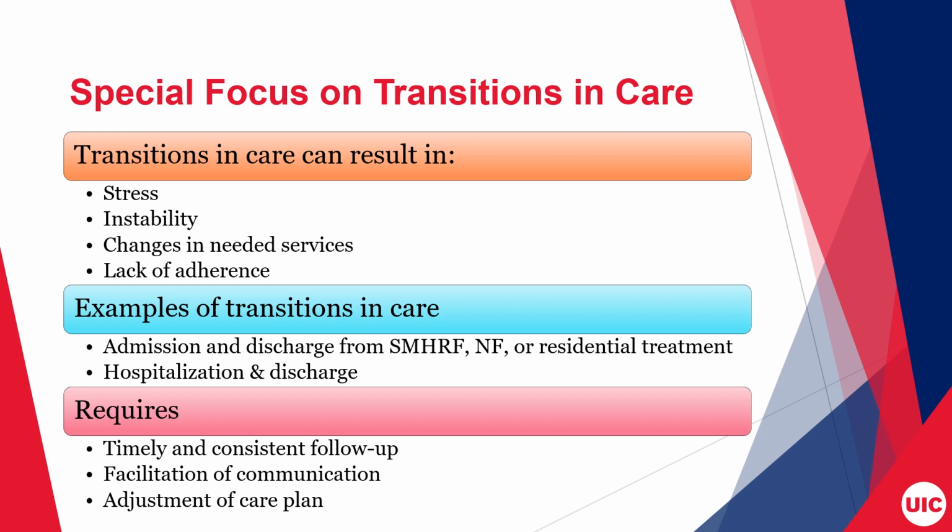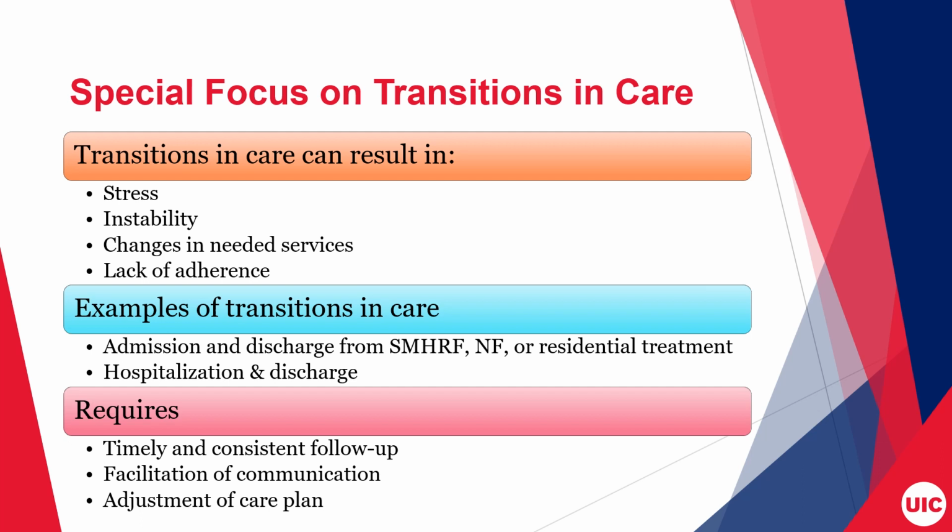During these transitional periods, class members are at increased risk. Transitions may also result in increased stress and distress. This can manifest as increased medical or psychiatric instability or symptom presentation, adherence issues like missing medications or appointments, and may result in a change in the services the member requires.